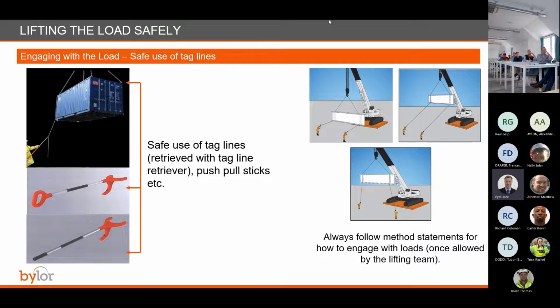But with the number of lifts we're doing, over 60,000 lifts a month, which is absolutely unprecedented on any other site in the UK, possibly the world, things do go awry, so we have to put into place things to help people not go underneath the load. Tagline retrievers mean you don't have to get too close to it, you can pull the tagline towards you. Also, when you're over edges, you're not reaching for it, it's towards you. And the push-pull stick, of course, keeps those little precious digits away from any of the loads.